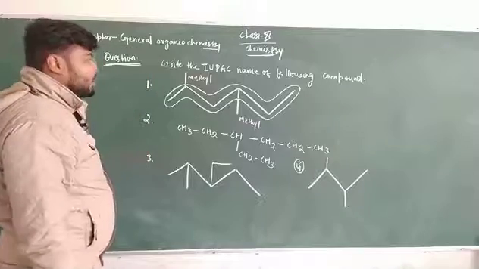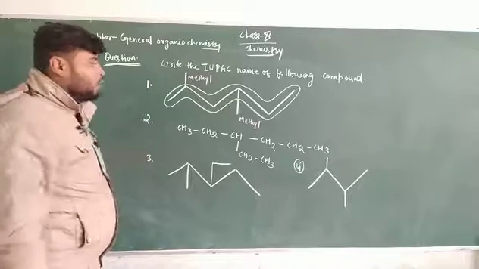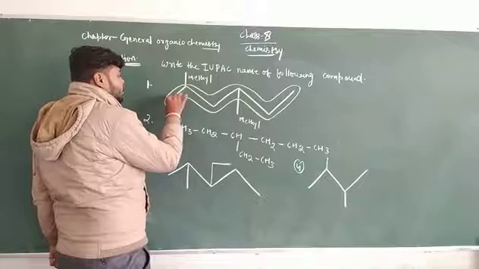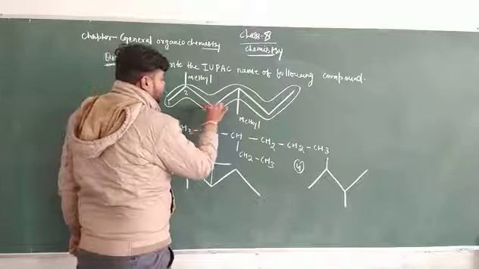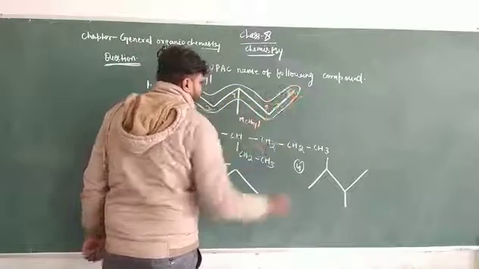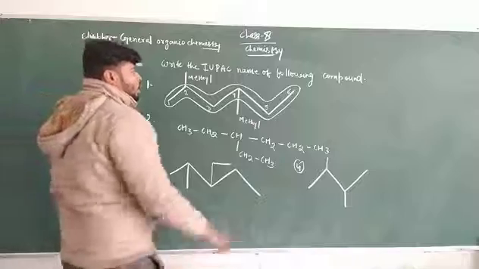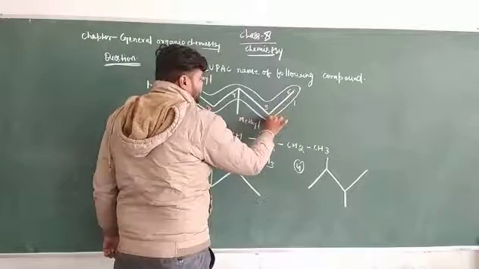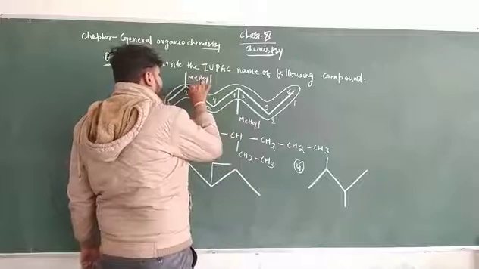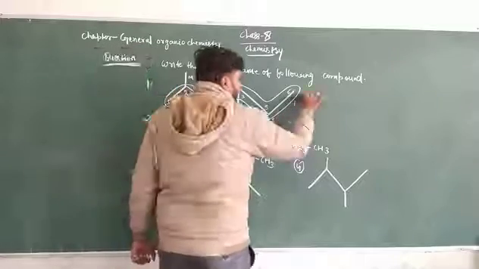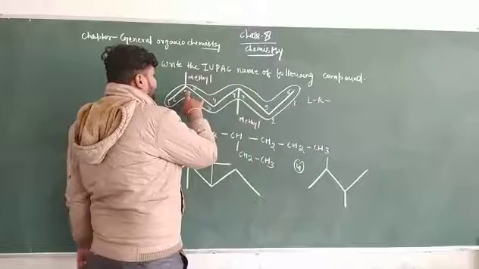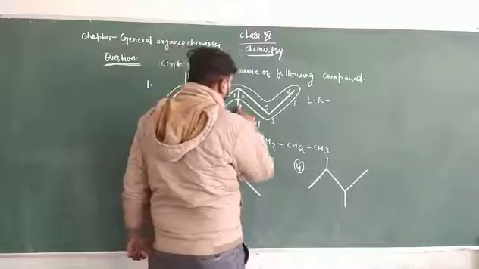Now we have to decide the positions, that means apply the lowest locant rule. Numbering from left to right, 1, 2, 3, 4, 5 and 6, our substituents come on 2 and 4.